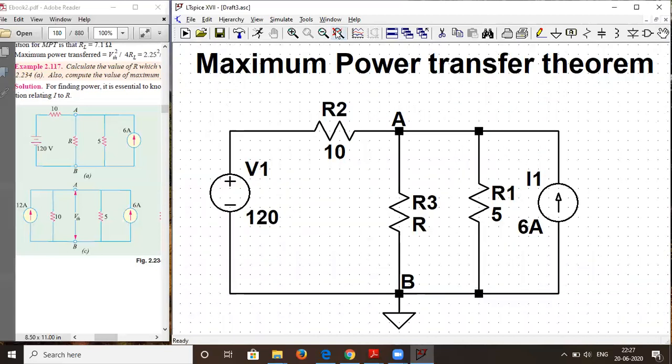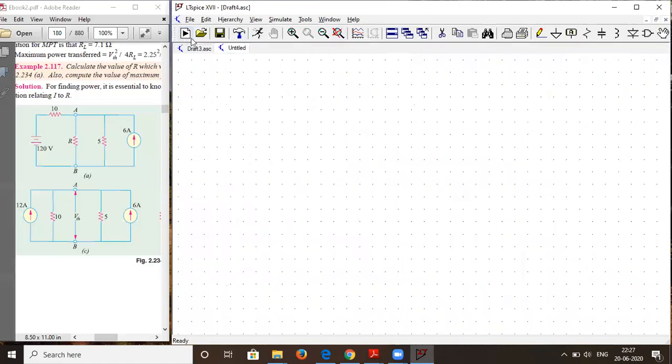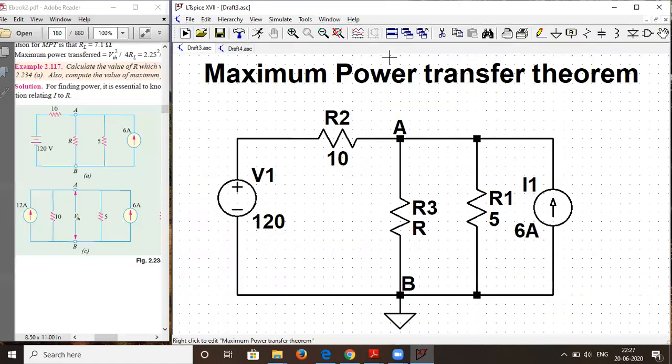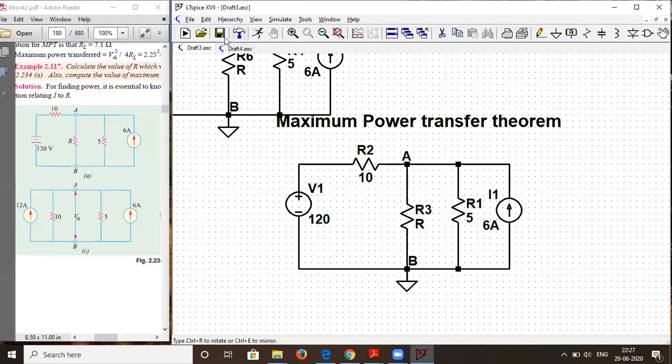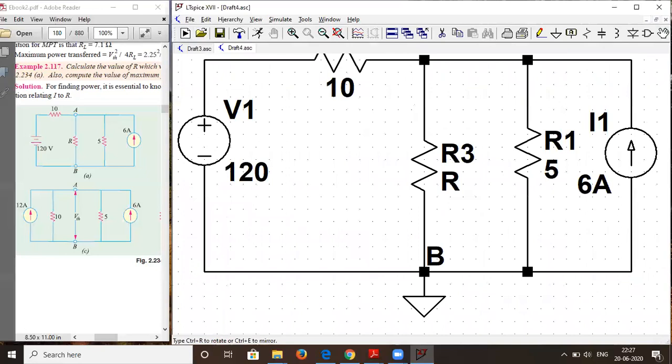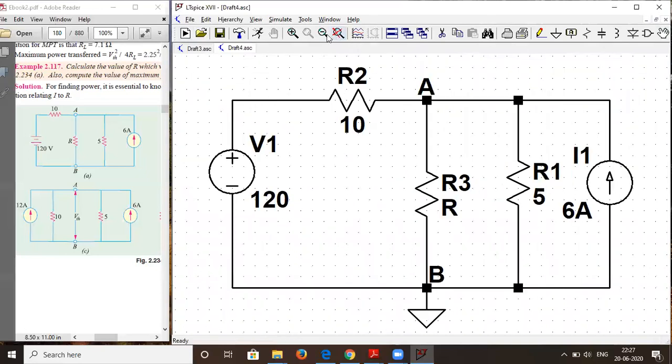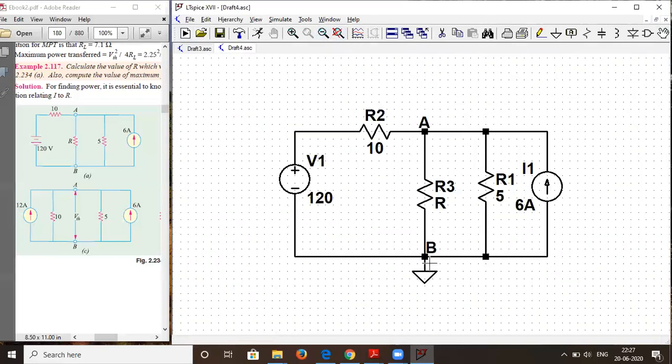For that, we'll have to go for the new schematic and we'll copy the circuit as it is in the new schematic. Now what we will do is remove this resistor R and find the Thevenin's equivalent voltage, that is VTH.